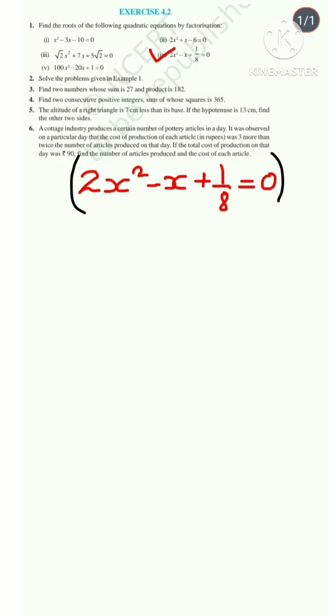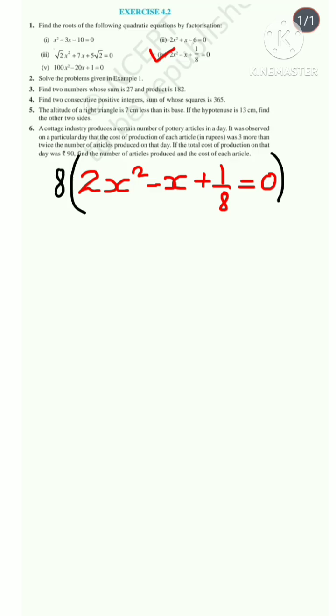Okay, now question number 4, and the question is 2x square minus x plus 1 by 8 equal to 0. Firstly, to simplify this equation, let's multiply all terms of this equation by 8.